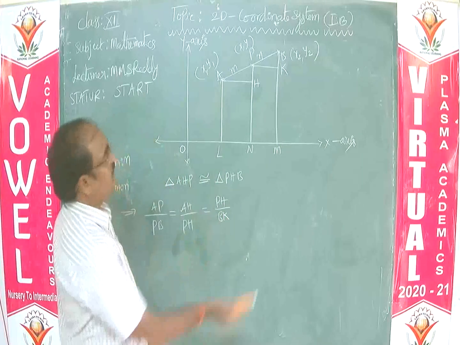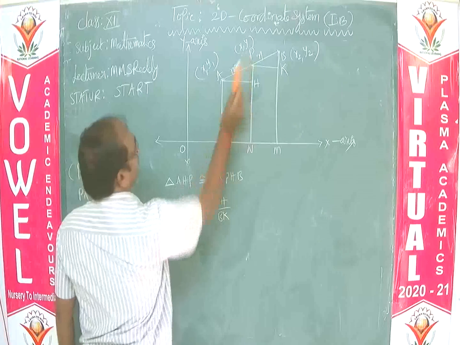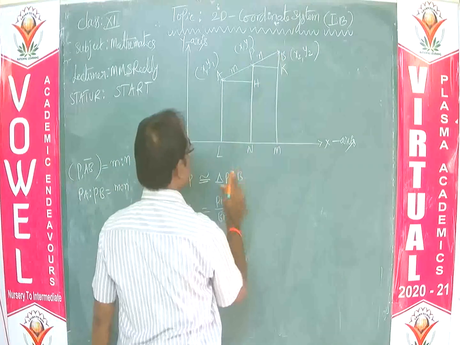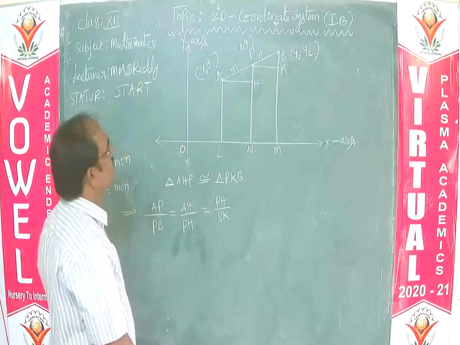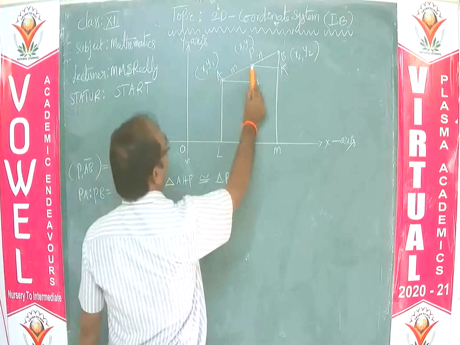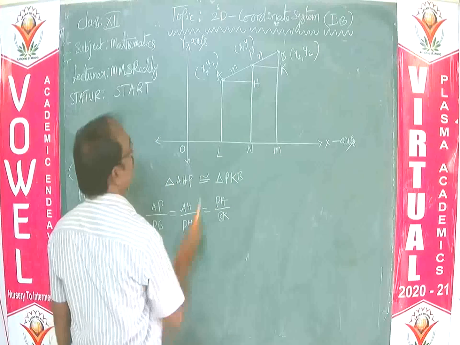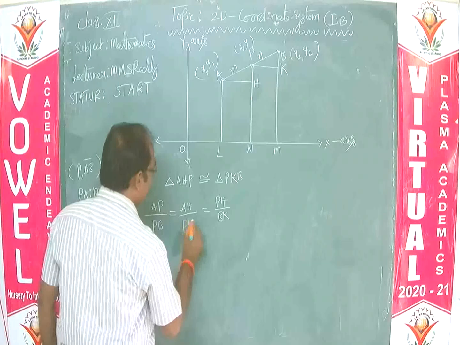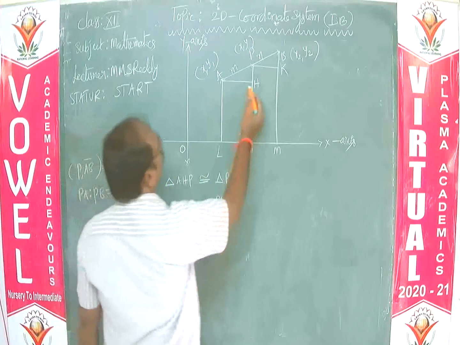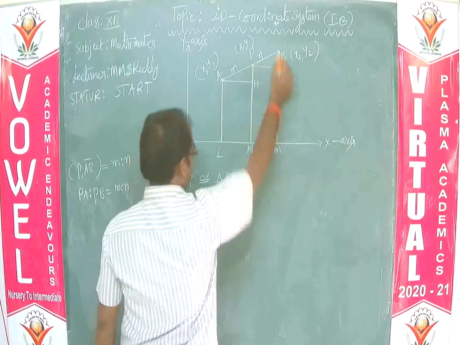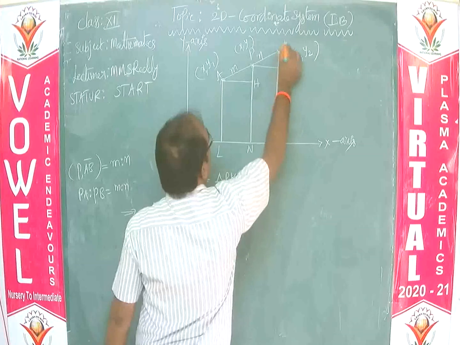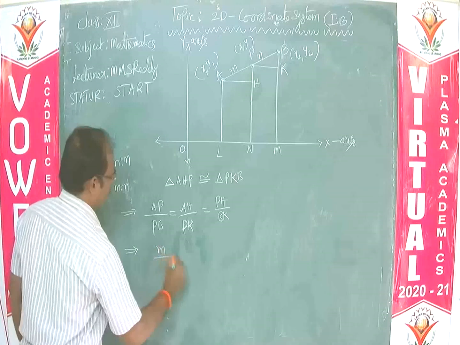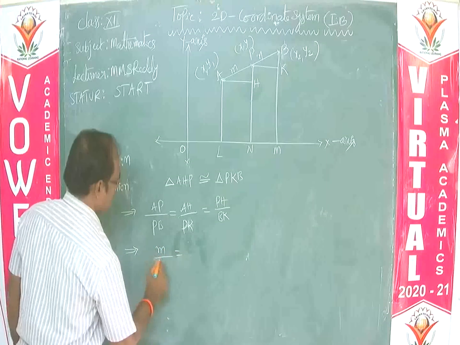Sorry for the correction, PKB. That implies AP by PB is m by n.